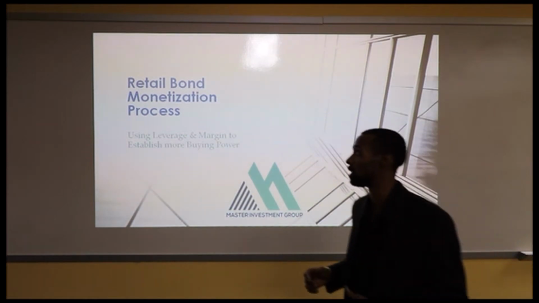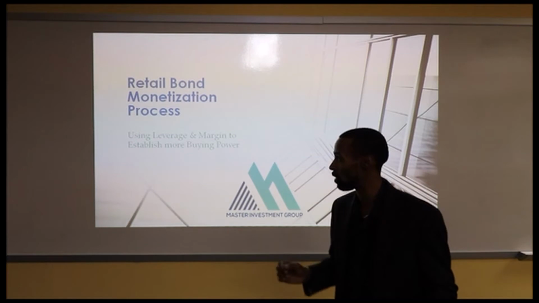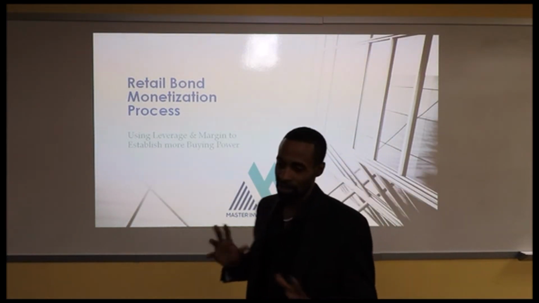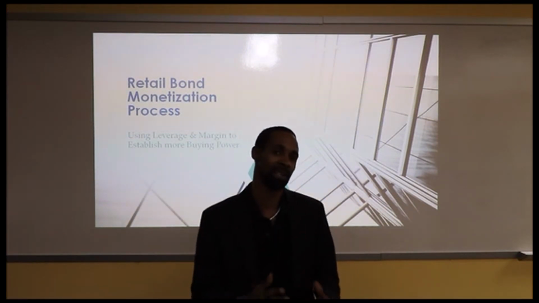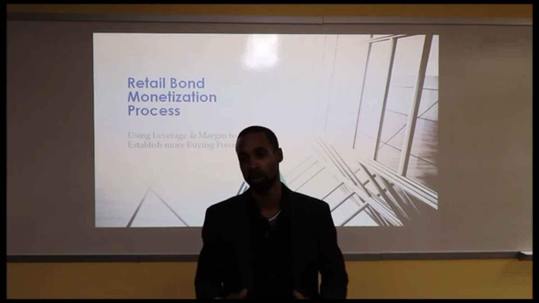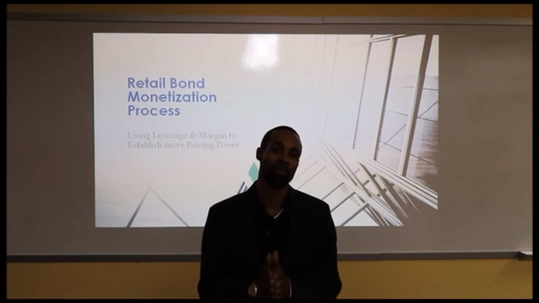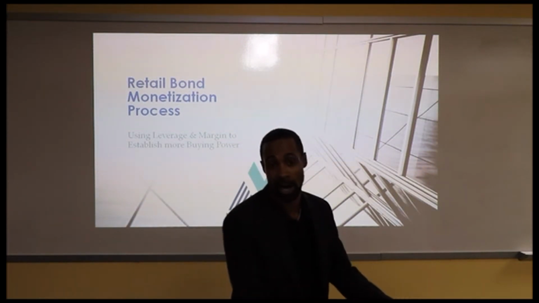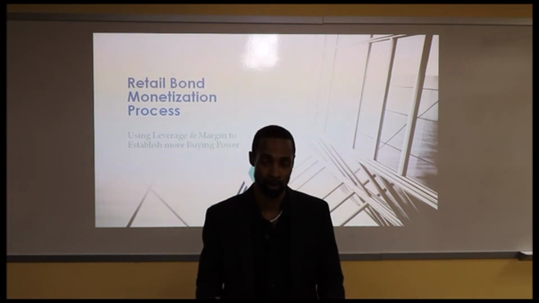This is the retail bond monetization process, using leverage and margin to establish more buying power. When we are investing in the markets, or in our normal business practices in any business or market sector that you may be in, what is always prevalent is the need for capital as business opportunities arise, or maybe an emergency or something unforeseen that may come about.